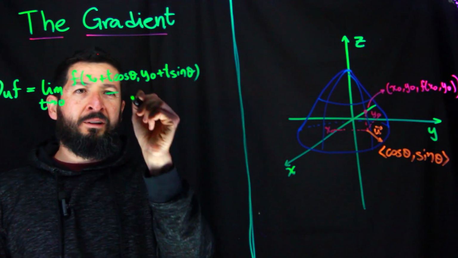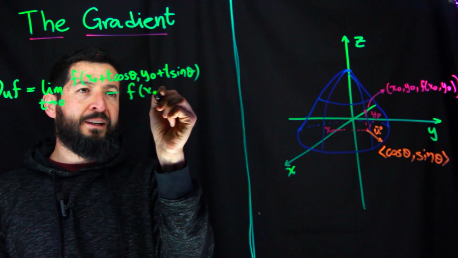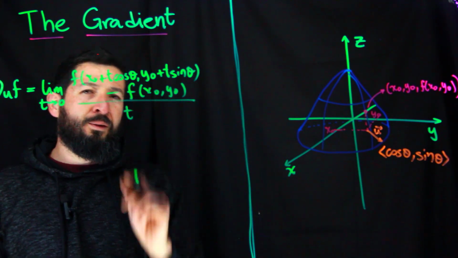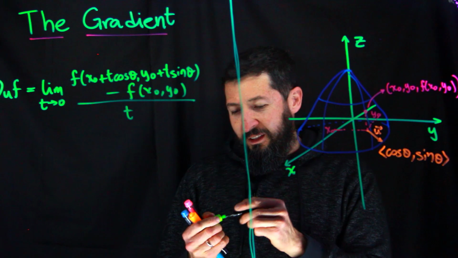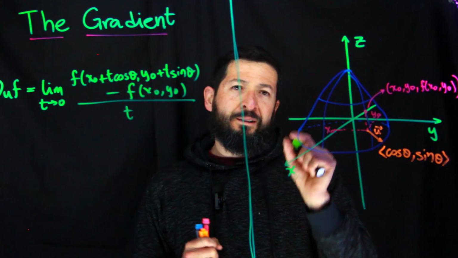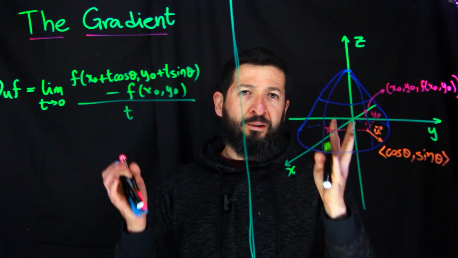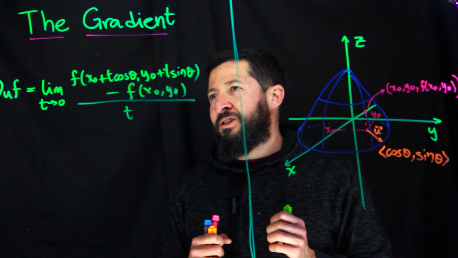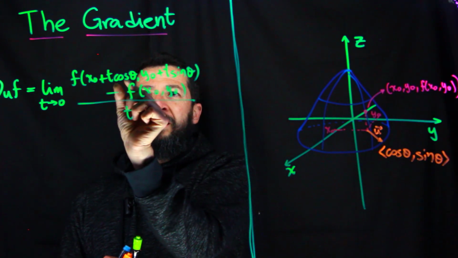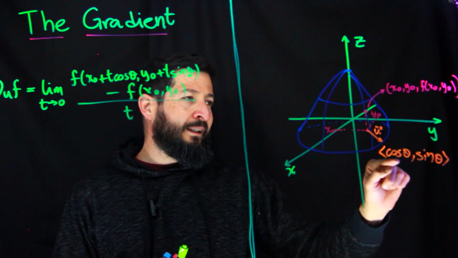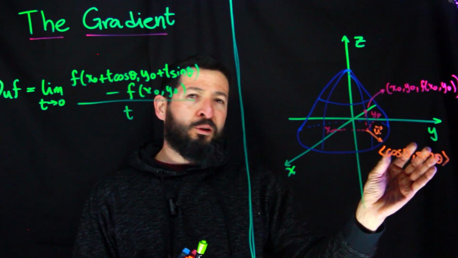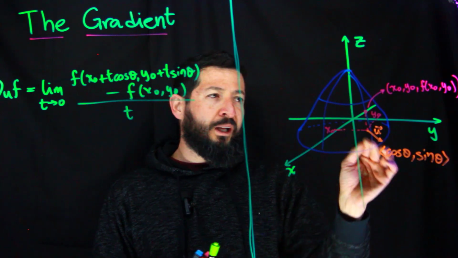I'm going to have to do it down here because it really didn't fit, minus f of x naught, y naught, all over t. So notice that here what is happening is you are making an increment very, very small, and then you're looking at that rate of change. However, the x coordinate, you're affecting it by t cosine of theta. So you're multiplying times t, so you're adding a multiple of this vector to the point x naught, y naught.